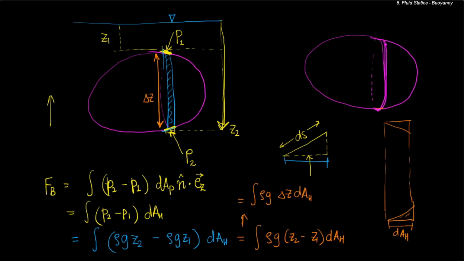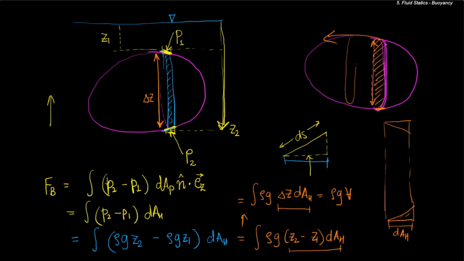So essentially it is this flat projected surface multiplied by the height, and this is nothing but the volume of this particular slice. Thus this is rho g times the volume of the object, because you are going to integrate it over the entire area.